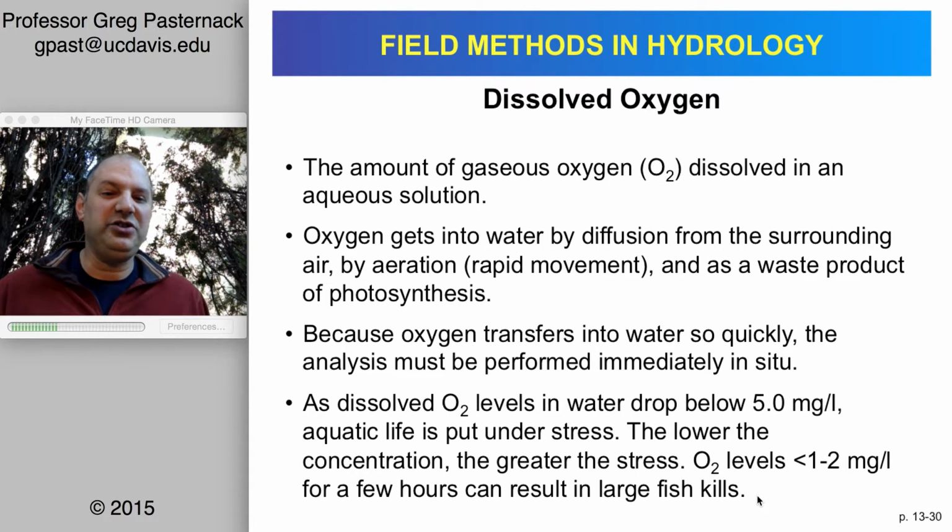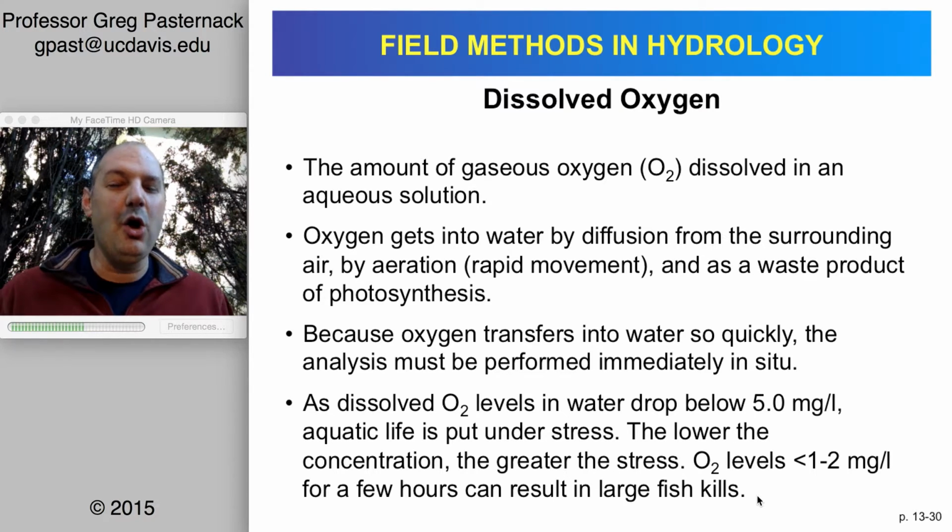Dissolved oxygen is the amount of gaseous oxygen in the form of O2, two oxygens coming together as a molecule, and these then get dissolved in an aqueous solution. So you have H2O as your primary medium, and then bouncing around within that overall milieu in the interstices, there are O2 molecules.